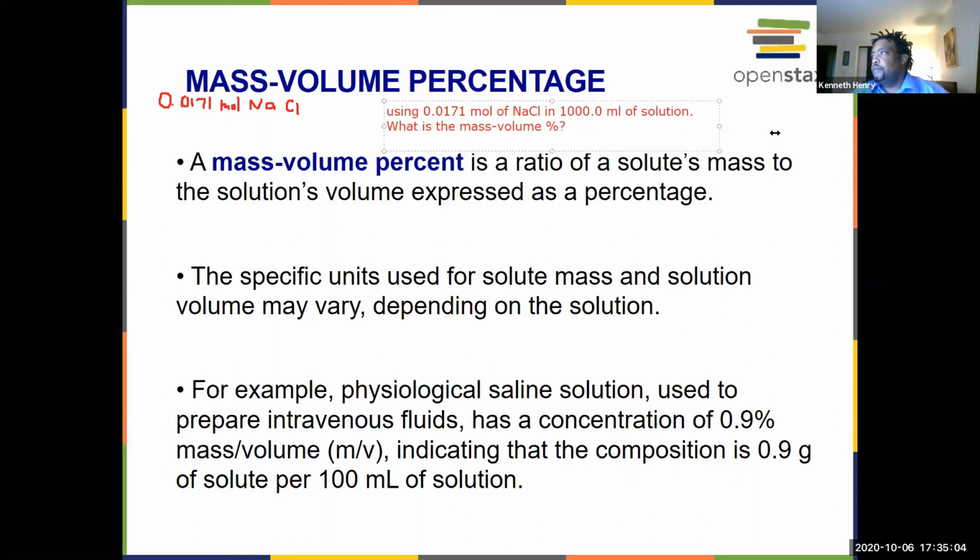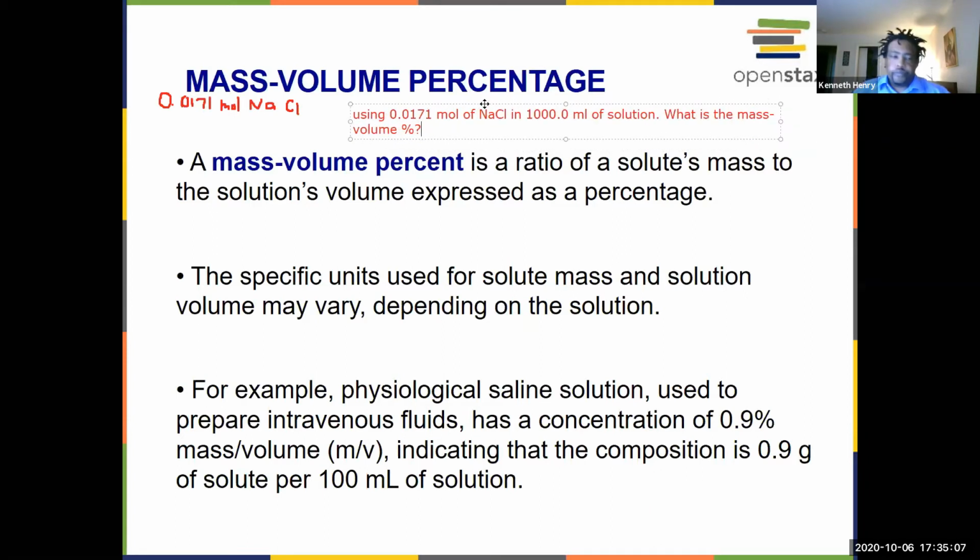Okay, that's the question. Show me those skills. Dr. Henry, is the mass over volume expressed as grams over liter?